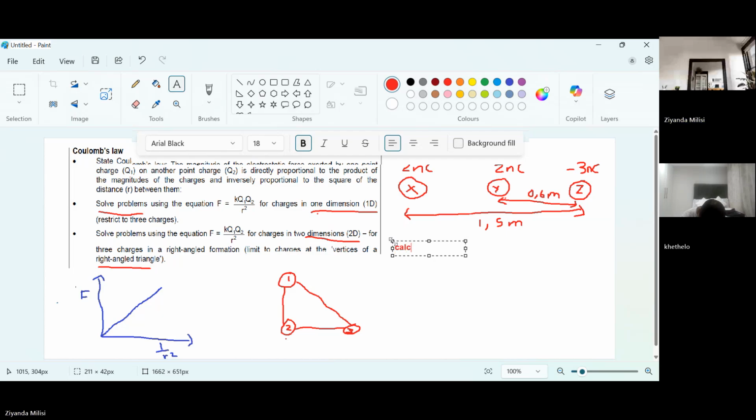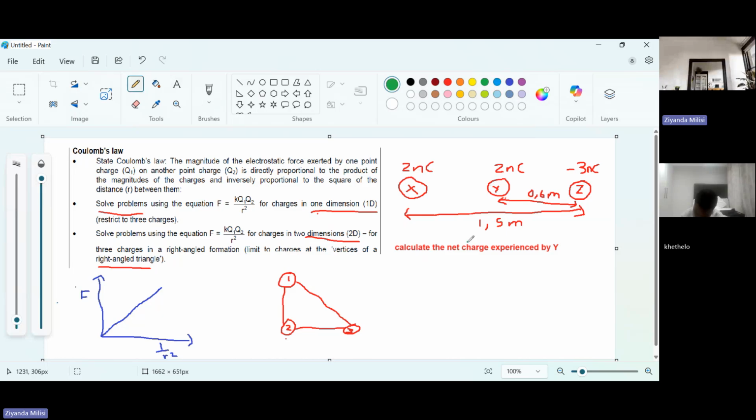Then the question says, calculate the net force experienced by Y. What are you going to do? The first step: since the question says net force by who?